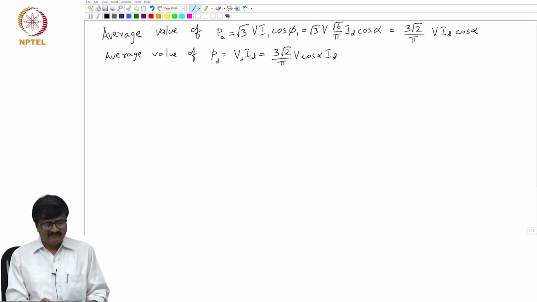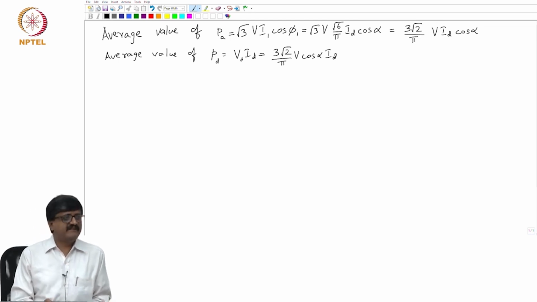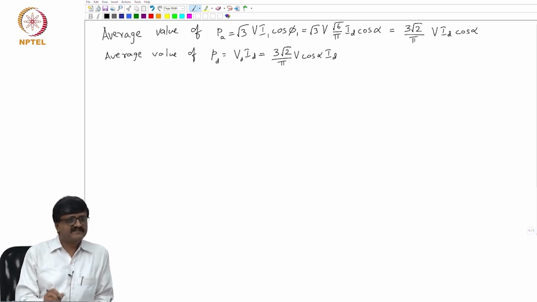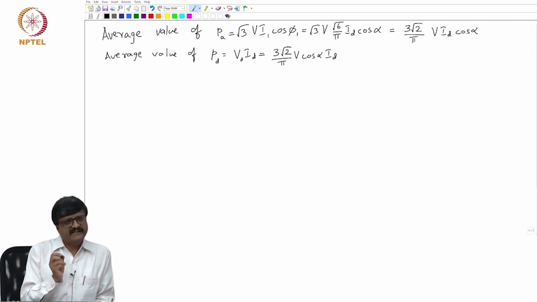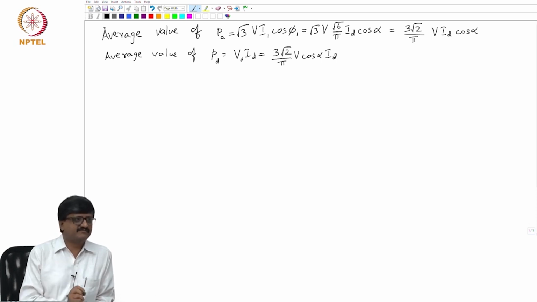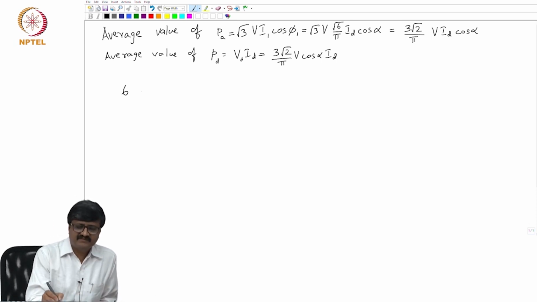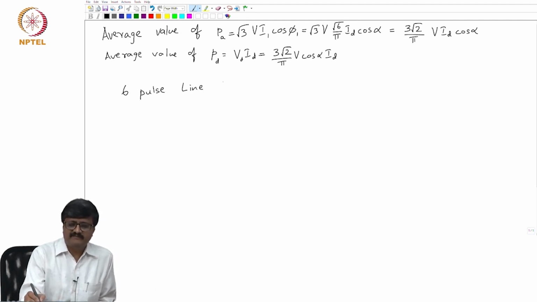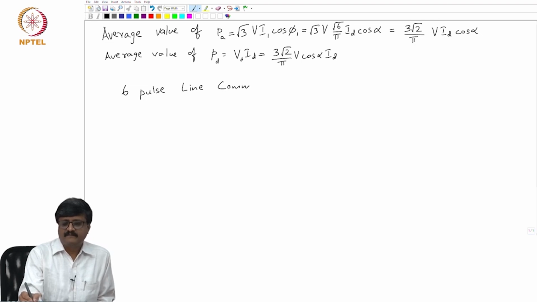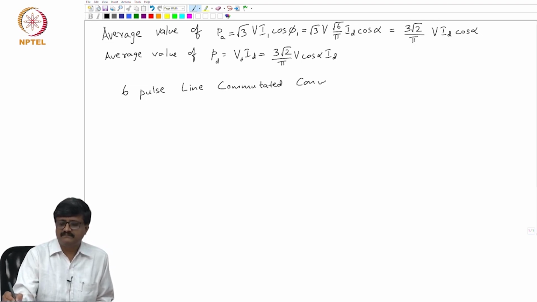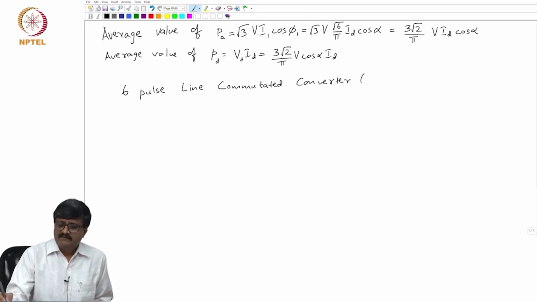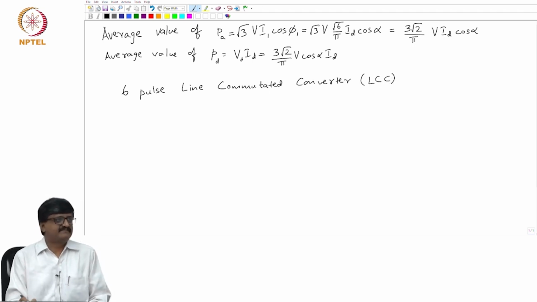So, we say that the converter that we considered till now is a 6 pulse line commutated converter with the AC side represented by just a voltage source. Many times this line commutated converter is abbreviated as LCC.